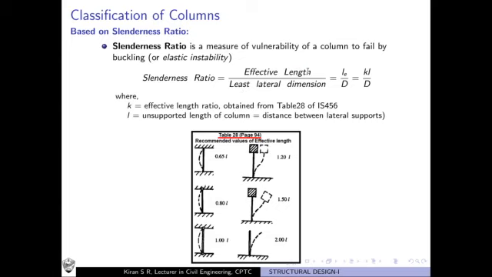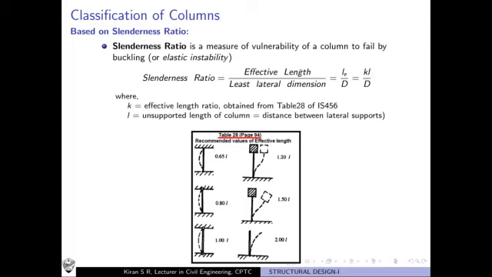Effective length is represented by the notation small l suffix e, and least lateral dimension we represent by the letter capital D. It is possible to define effective length as a function of the unsupported length of the column, that is small letter l.